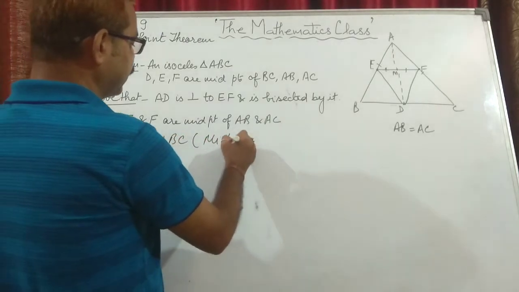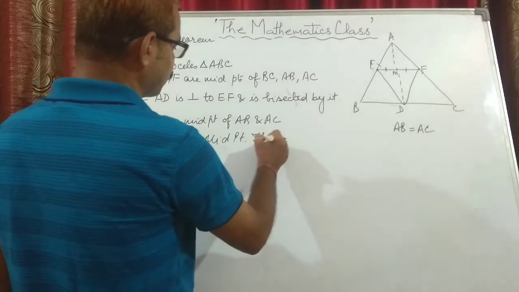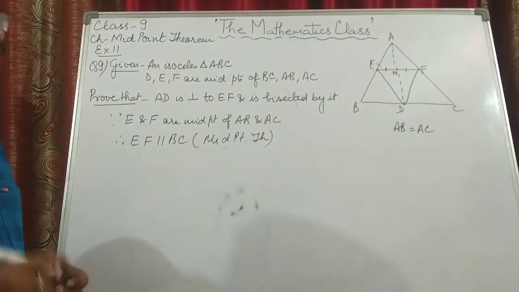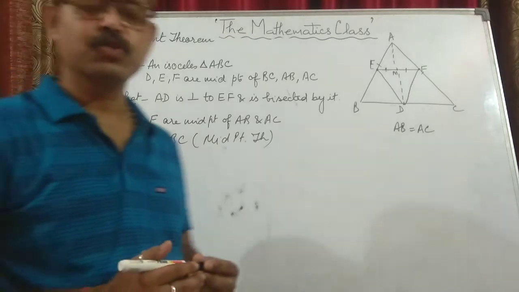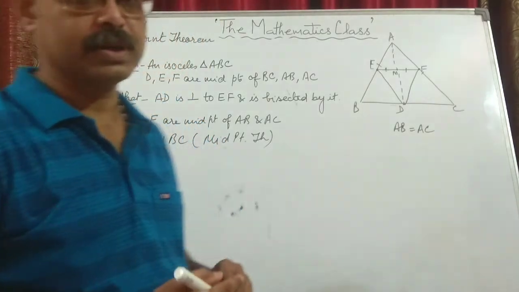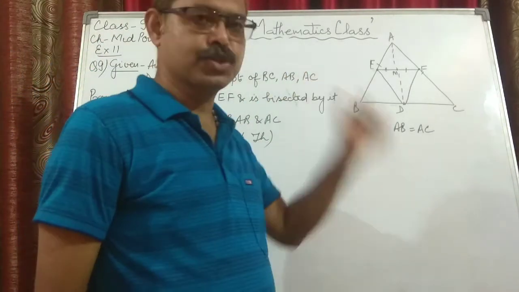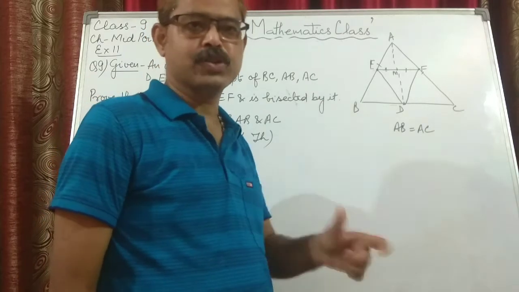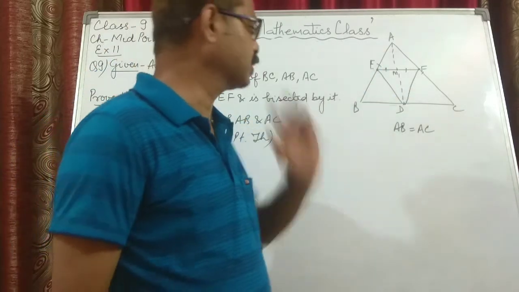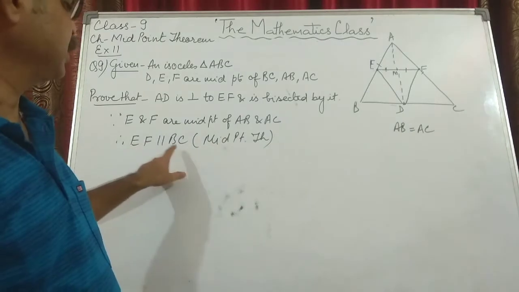What we know about the theorem is that a line which joins the midpoints of two sides of a triangle is parallel to the third side. So we can say EF and BC are parallel.